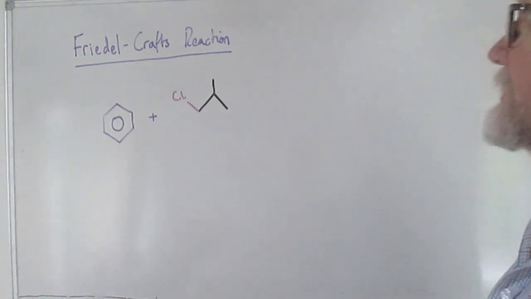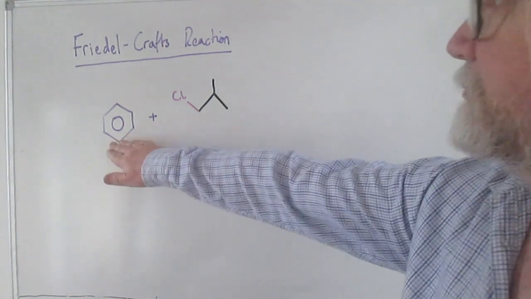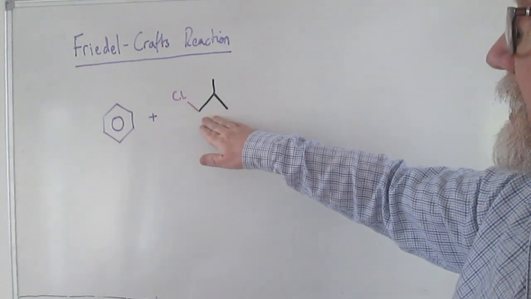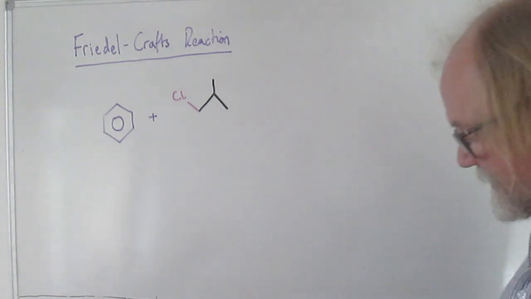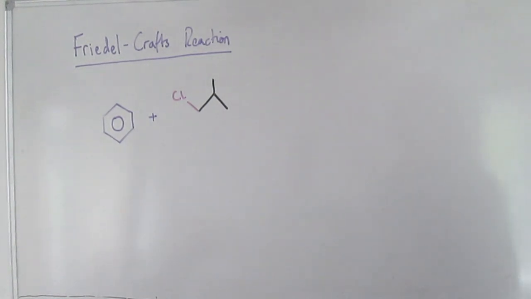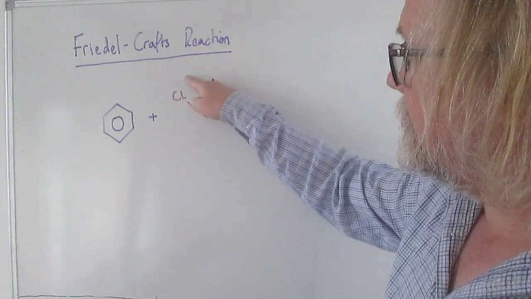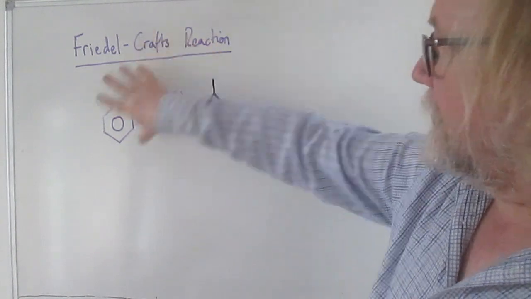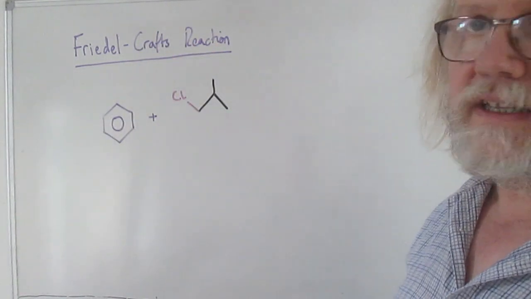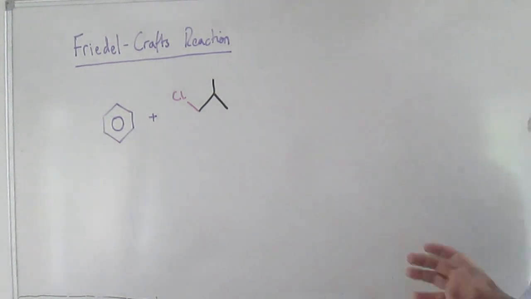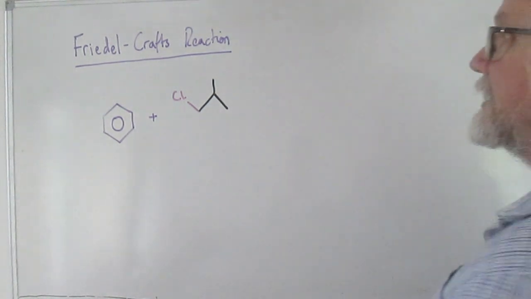So here's an example of a Friedel-Crafts reaction. So we've got benzene and we've got a haloalkane. And the simplest way to visualize what goes on in a Friedel-Crafts reaction is to think of it as a reaction in which the halogen in the haloalkane gets replaced by the benzene ring. If you think of it that way round, it's very easy to get the structure of the product correct.